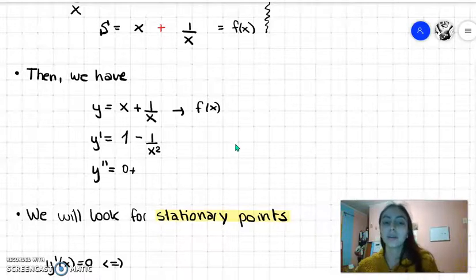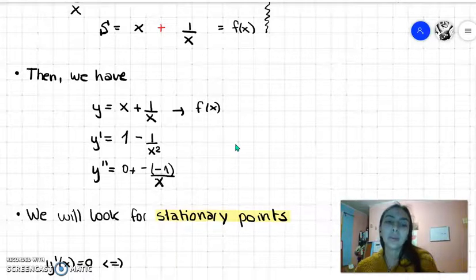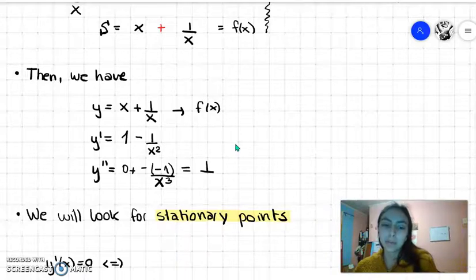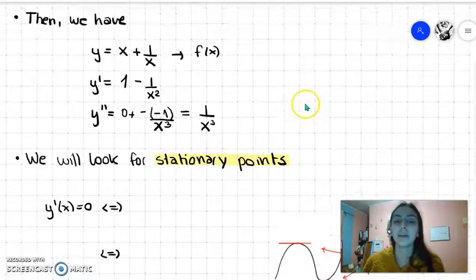It's not hard to notice that we'll have x to the power of minus 2, and the derivative of that is a minus times the minus 1 at the numerator, and then we subtract 1 from the exponent. So what we finally get is 1 divided by x to the power of 3. That will be the second derivative of f.